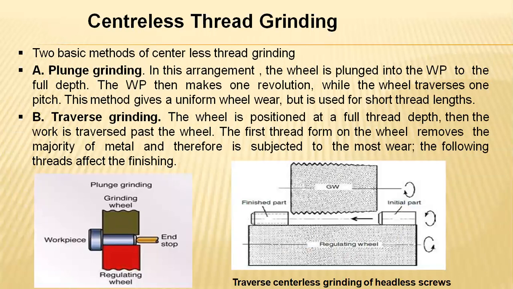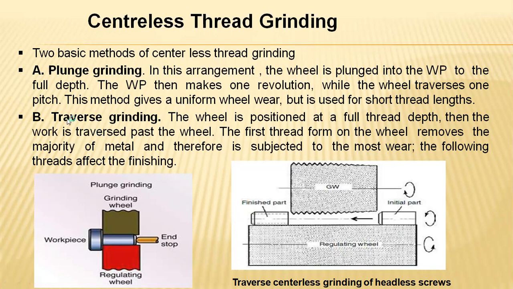Here we have two basic methods. First one is the plunge method and the second is the traverse method. In the case of this plunge grinding process, the wheel is plunged into the work part, as shown in the pictorial representation, up to the maximum length, and the thread activity is getting done.